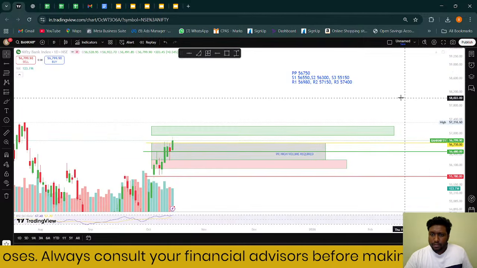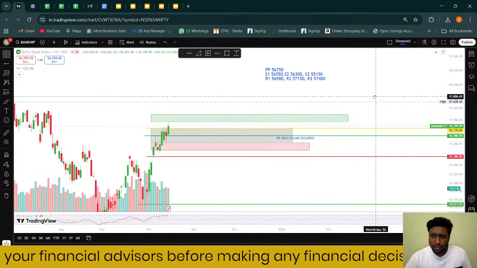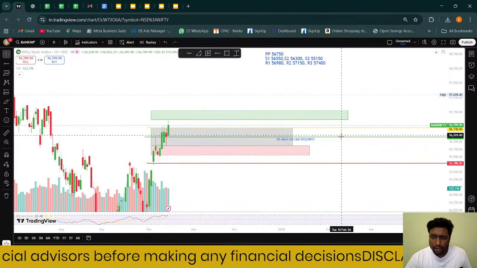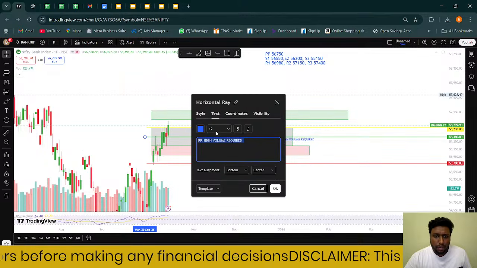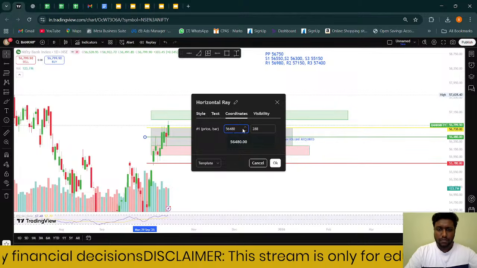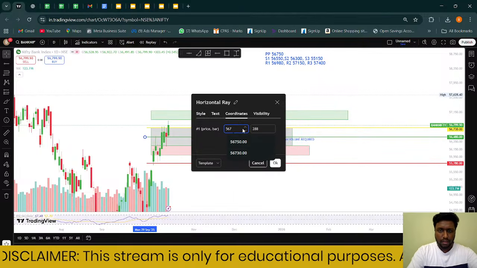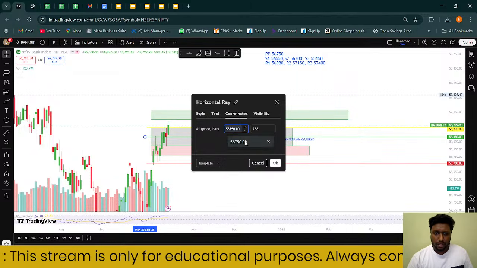So these are the levels with respect to the pivot point for Bank Nifty. So let's mark the R1 and pivot line. Yesterday it was 480, today it is at 750. Pivot point 750.